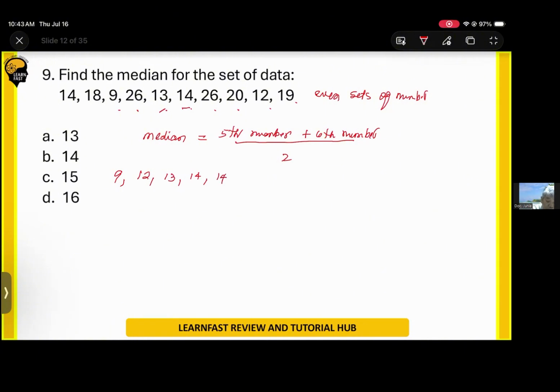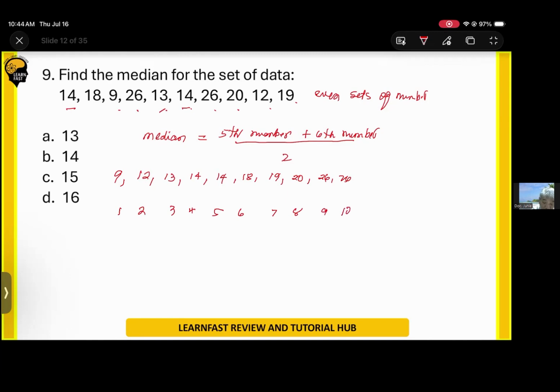Note that. Then 14 is followed by 18, and then 19. Then you have 20. Then you have 26 and another 26. So we count from the left: 1, 2, 3, 4, 5, 6, 7, 8, 9, 10.